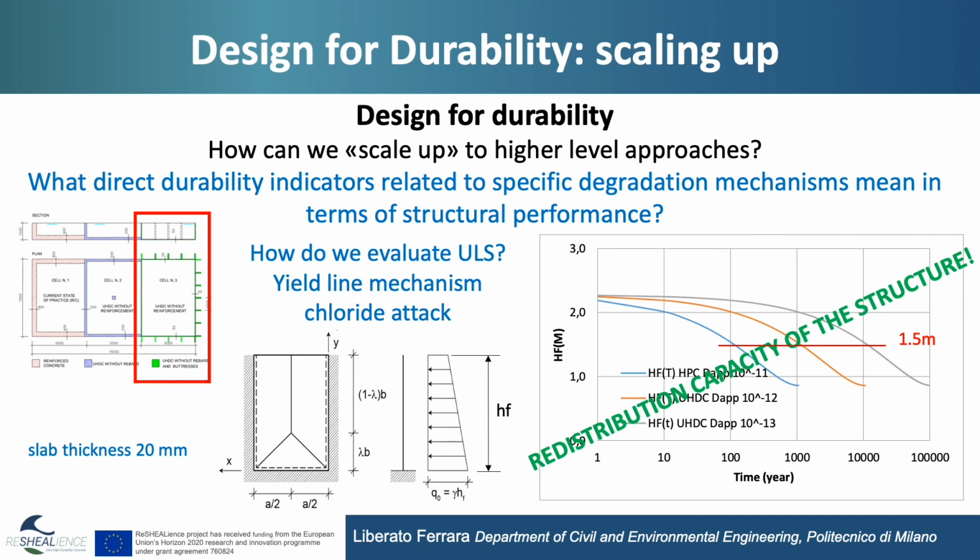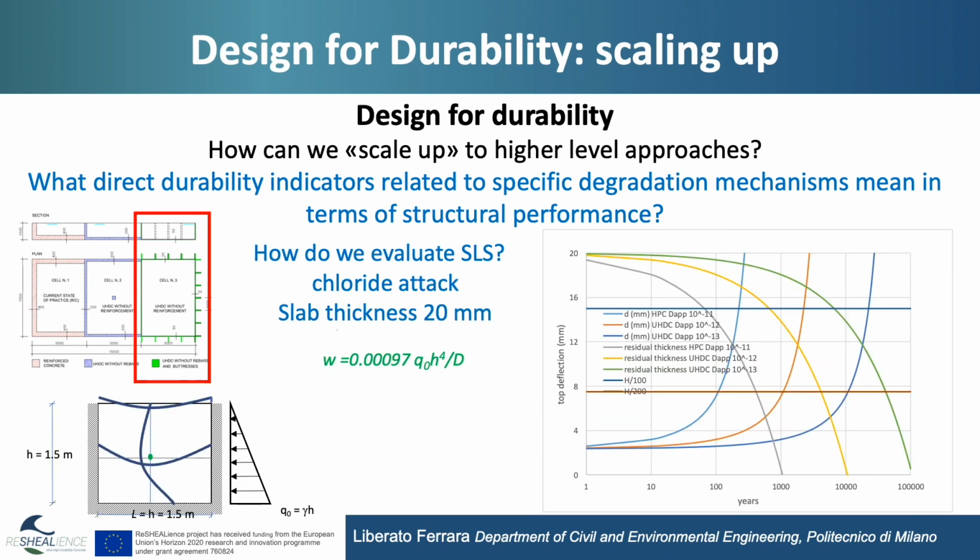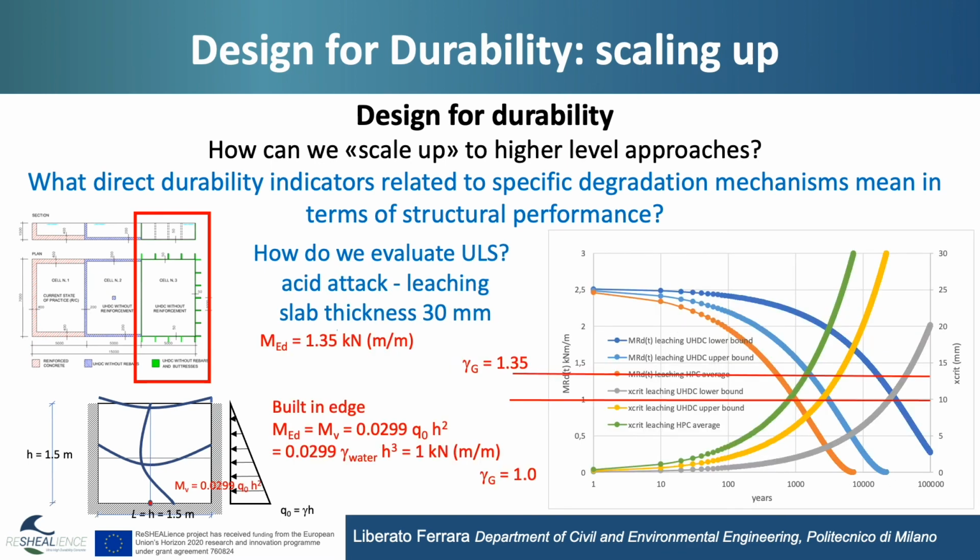Similarly, we proceeded for acid attack. In the case of a 30 millimeter thick slab, you have once again the moment capacity reduction curves in blue, light and dark, and in orange the critical front penetration curves. Here you have the erosion attack.